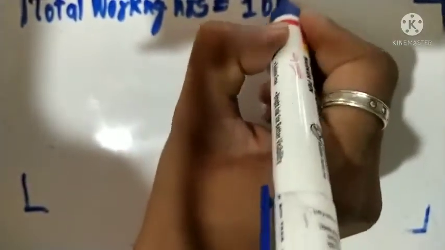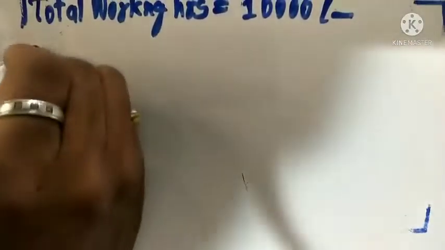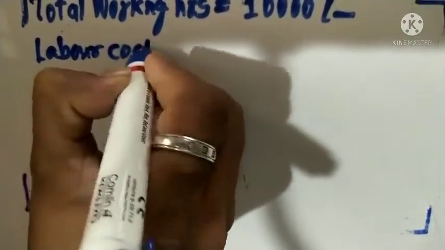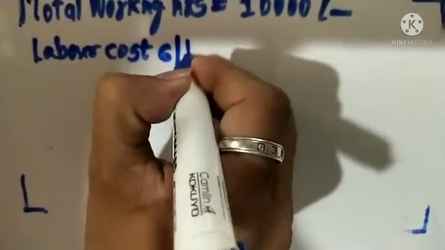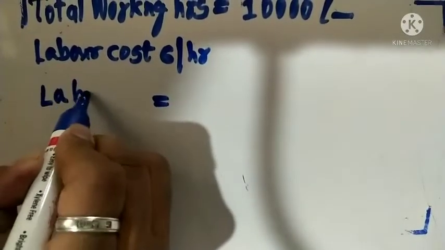So total working hours are 10,000 hours and you are paying 6 rupees. So 10,000 into 6. So in that particular month you are paying 60,000 rupees for those 50 workers.